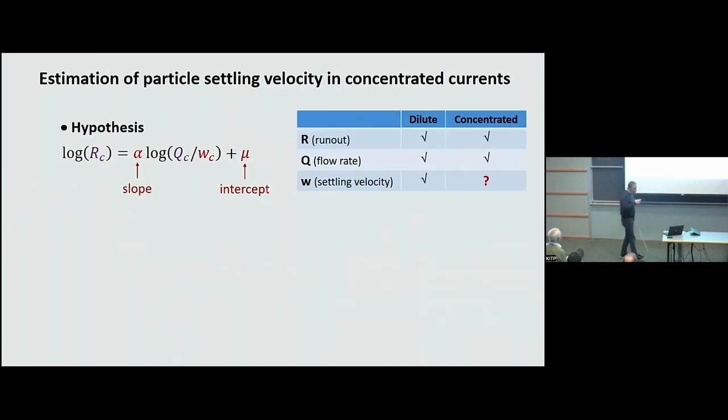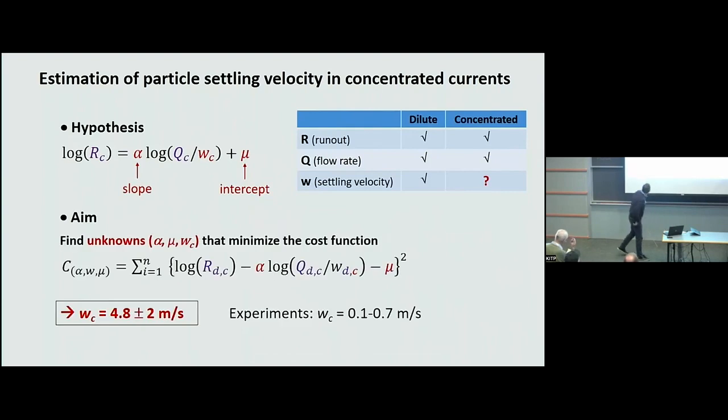So, to estimate the particle settling velocity in the concentrated currents, we use the following method. I remind you that for dilute and concentrated currents, all parameters, runout distance, flow rate, and settling velocities are known, except the settling velocity for the concentrated currents. So here we made the following hypothesis. As for dilute currents, the runout of concentrated currents depends on the ratio of the flow rate divided by the settling velocity.